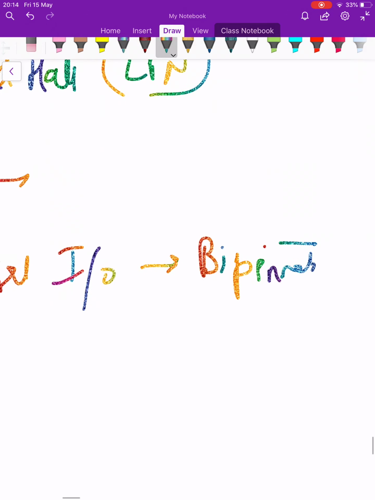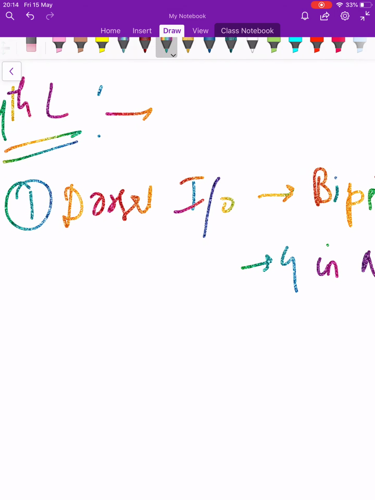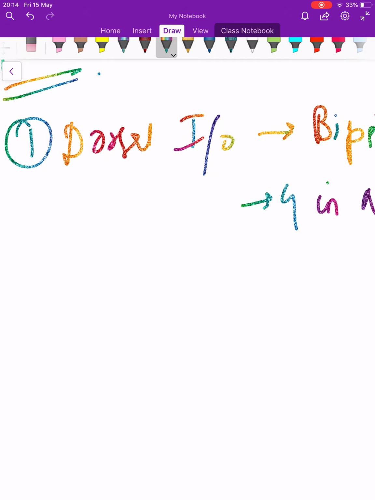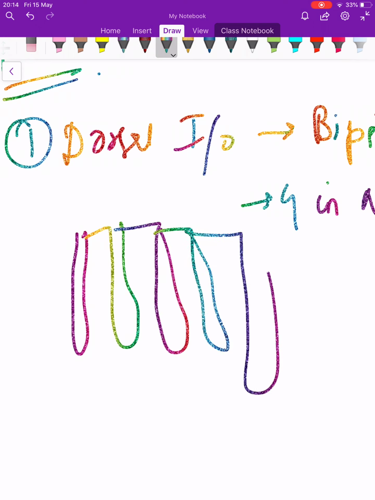Dorsal interossei, and these are 4 in number. Then palmar interossei. Dorsal interossei are like this: 2, 3, 4 and 5.